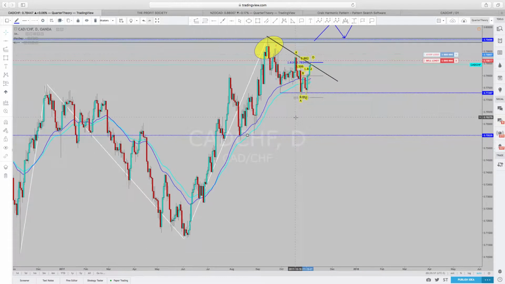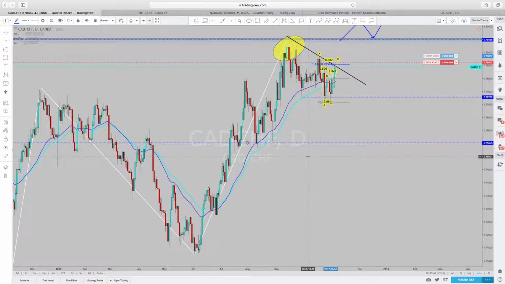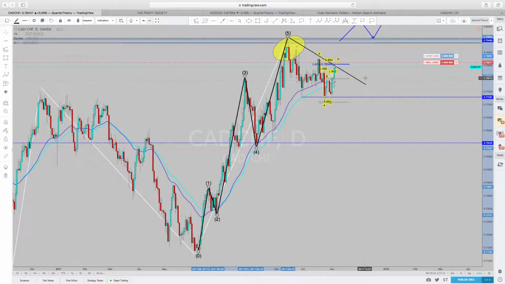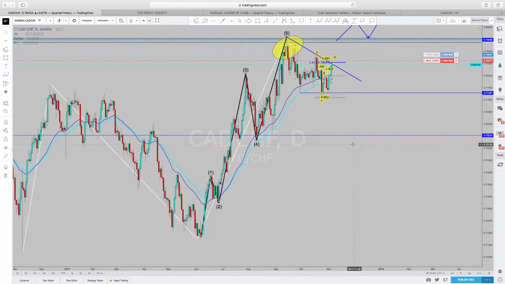The reason I can say that we are heading into a downtrend is because of the 5 Elliott wave move that has been completed at this level right here. Now we are in the correction phase of the Elliott wave, which would be an ABC pattern.